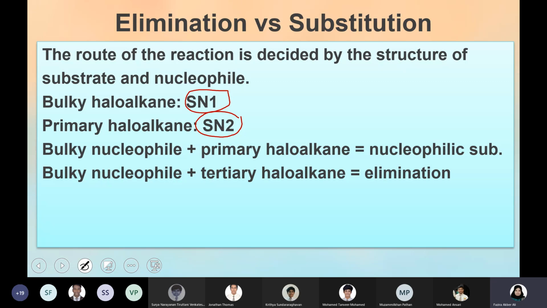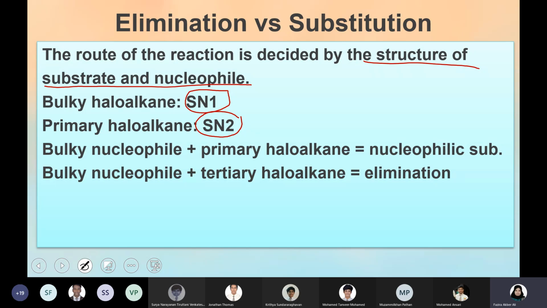So normally in terms of the structure of substrate and nucleophile, you can predict whether it will undergo elimination or substitution. Again, this depends case by case. You cannot generalize this reaction. I've told you before also, SN1 and SN2 depend on so many factors, not only their identity, their structure and the carbocation formed, their stability, factors affecting the stability of carbocation.